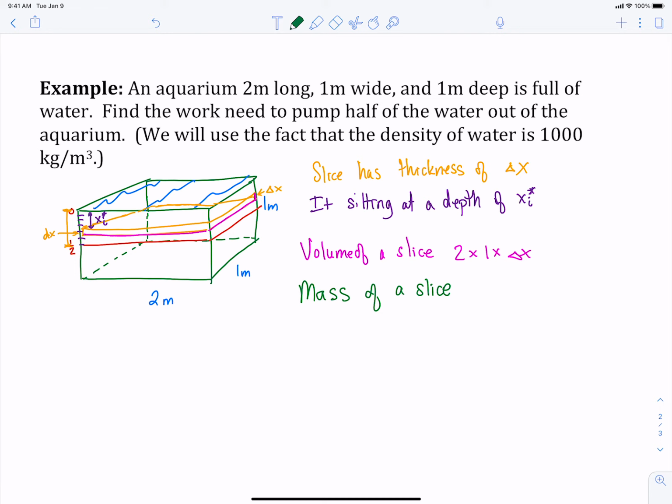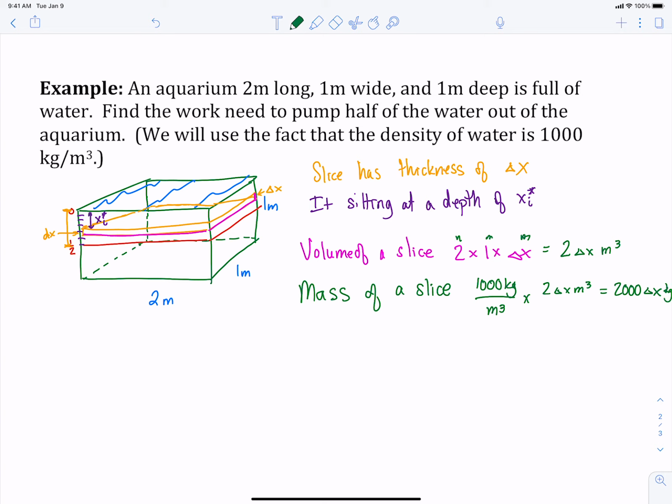Well, that's going to be our density times our volume, because our volume up here is 2 delta x cubic meters, right? Because this is meters, meters, and even delta x is meters. So 2 times delta x meters cubed. So the mass of our slice is 2,000 times delta x kilograms.